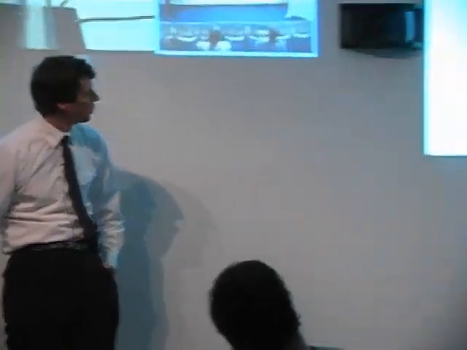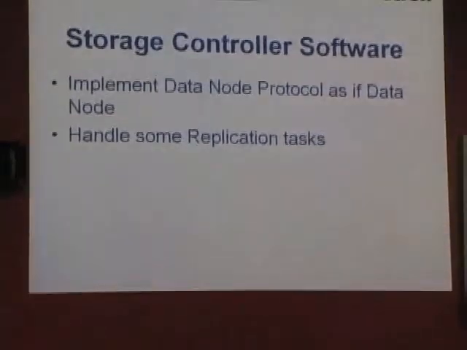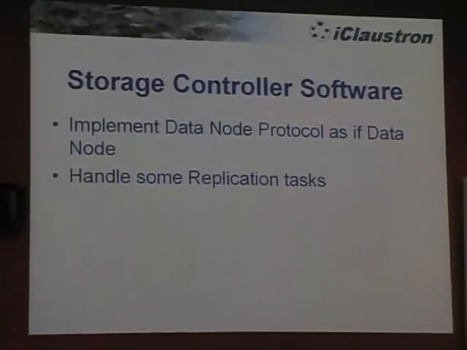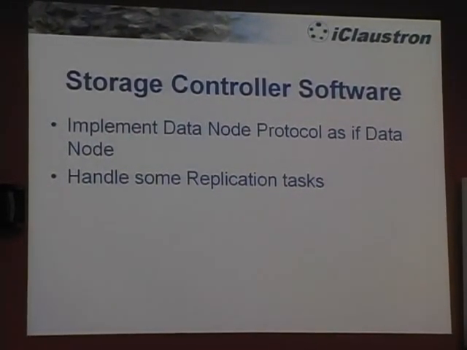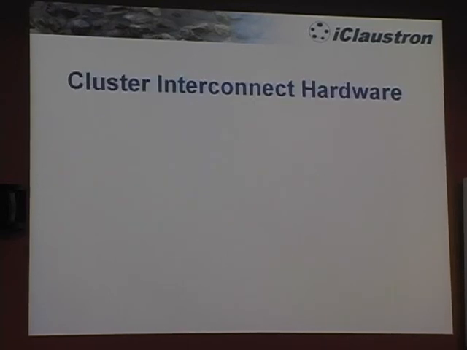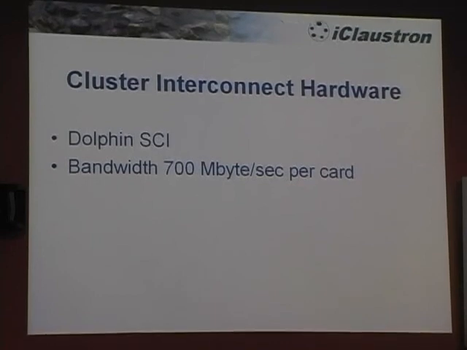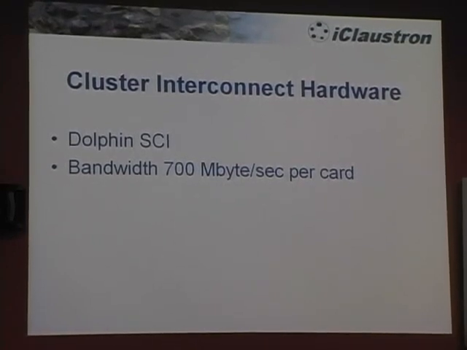The storage controller, as mentioned, has to handle the data node protocol. So essentially, the idea is that the storage controller behaves as if it was a data node. And then it just takes care of the file caching replication I mentioned before. And in order to actually get really high bandwidth, you need to integrate some cluster interconnect into this as well.